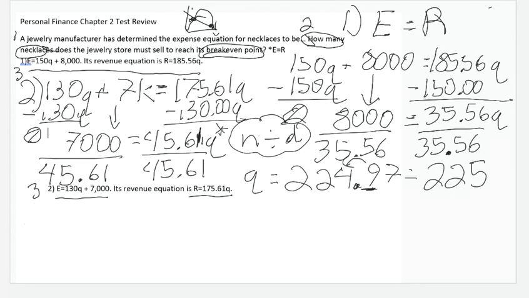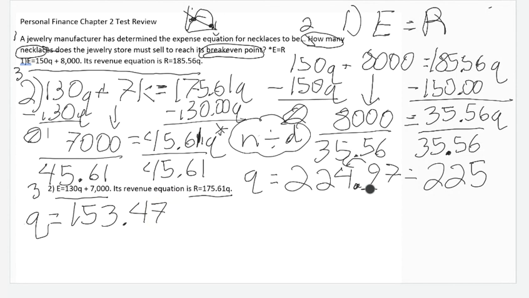So we go ahead and enter that in the calculator. And for Q, I get that it's equal to 153.47.